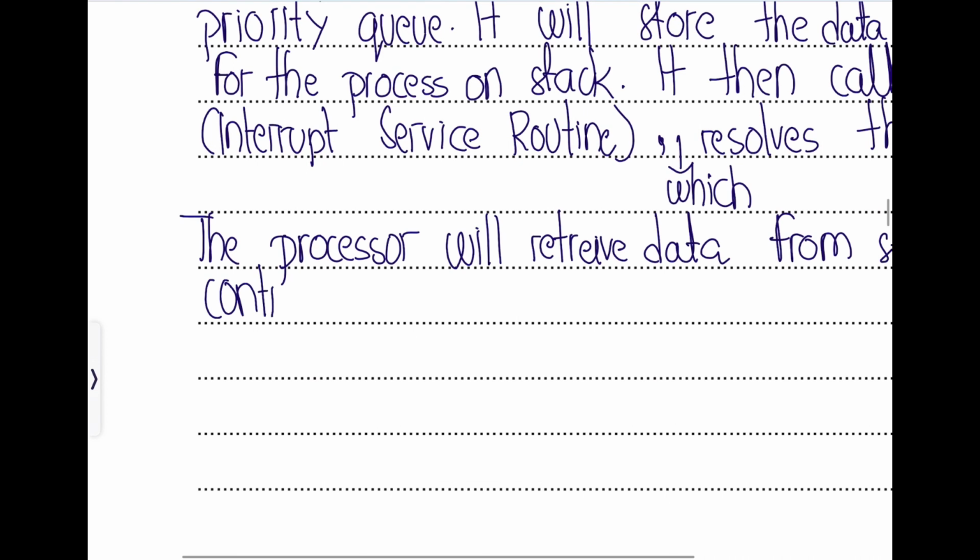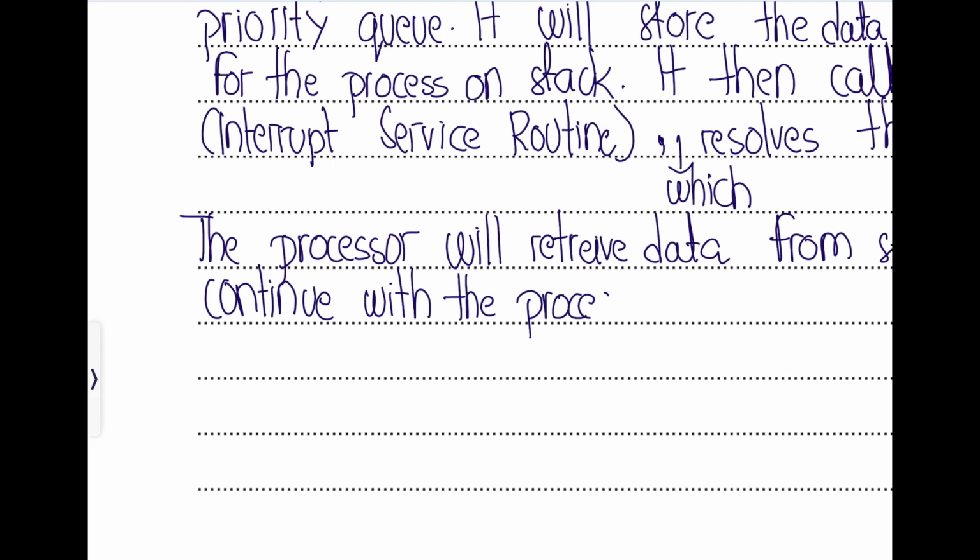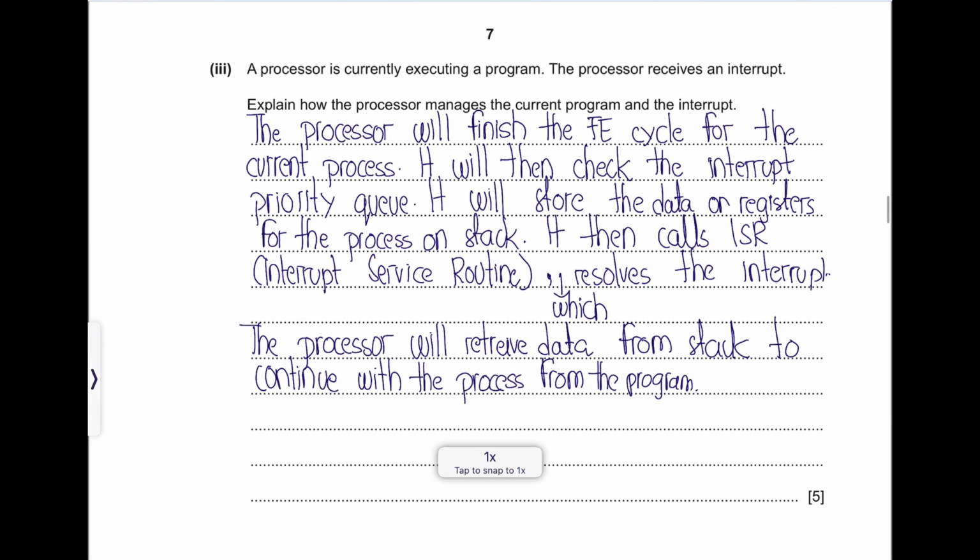So that you can continue with the processes from the program. A very simple way to put it: the processor will finish the fetch execute for the current process, then check the interrupt priority queue. If it's the highest, it stores the data of the registers on the stack, then calls the interrupt service routine, which will resolve the interrupt. After that, it retrieves the data from the stack and continues the process from the program.